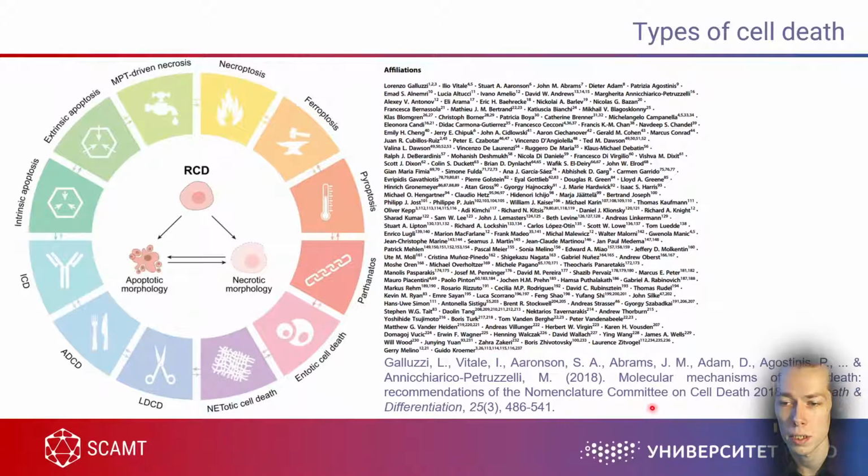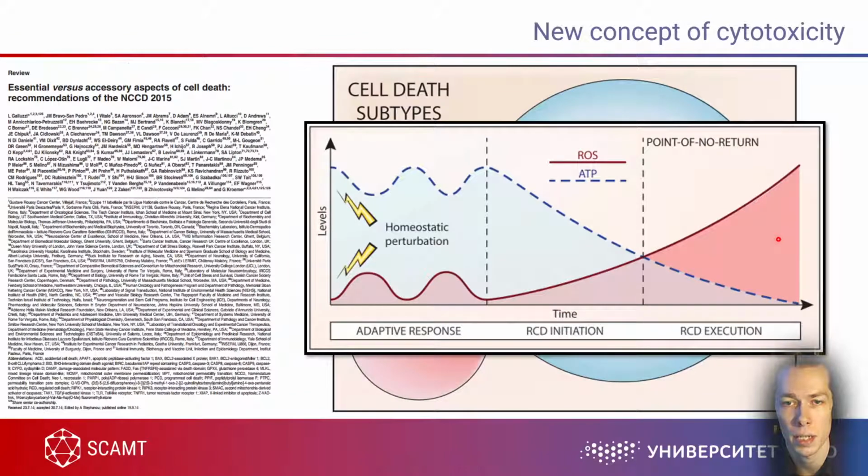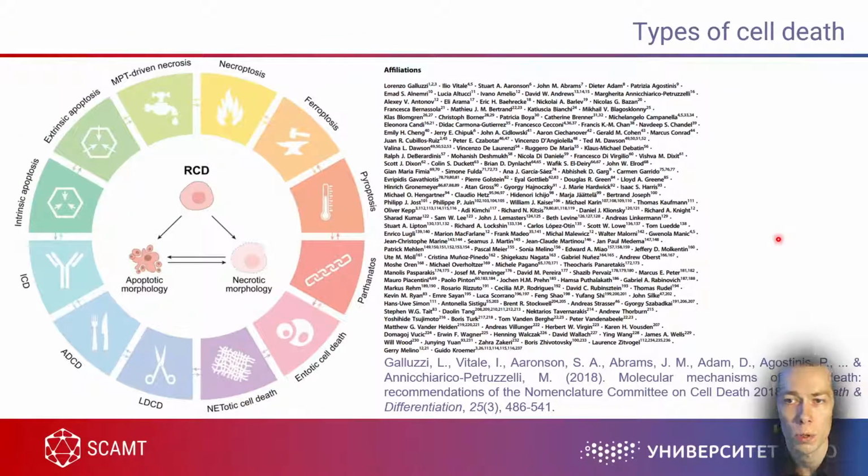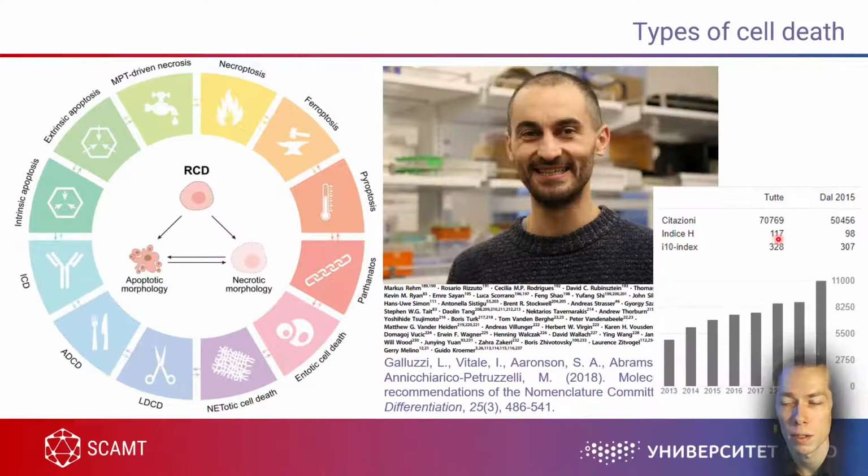And again, this recommendation is from 2018, and as you can see, there are a lot of authors. It's like 200 affiliations, and it's just interesting that for both of these recommendations, the first author is Lorenzo Galluzzi, and just to wonder a bit, you see the H index of 117. He is one of the most cited and most important biologists in Europe.